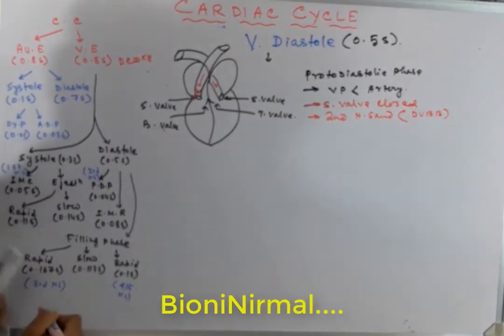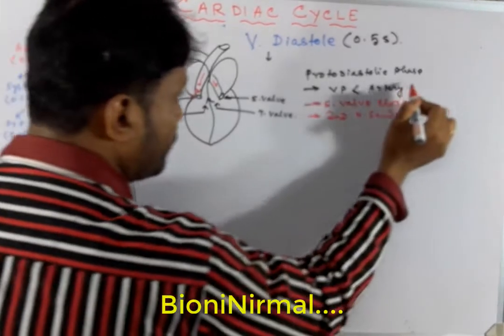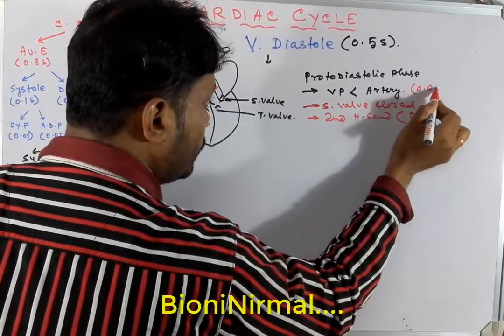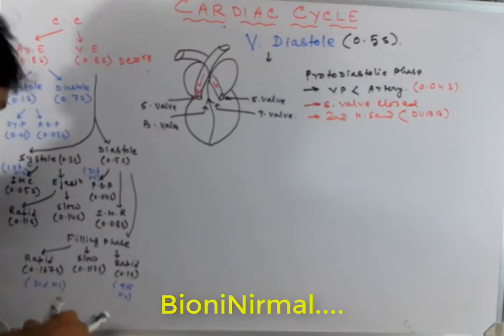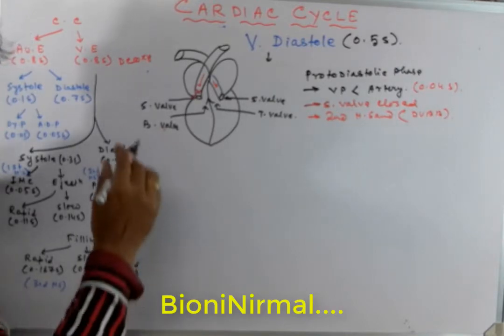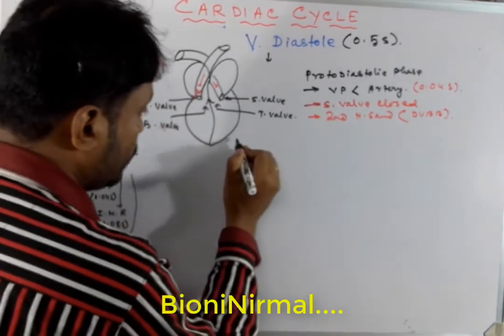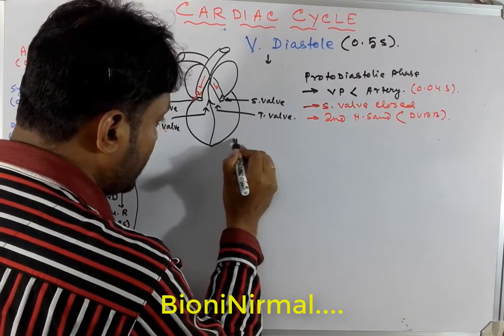This is called the protodiastolic phase, and it lasts for 0.04 second. During this time the semilunar valve and the bicuspid and tricuspid valves all remain closed, so the heart is isometric.